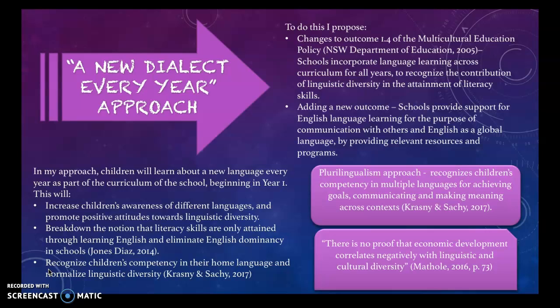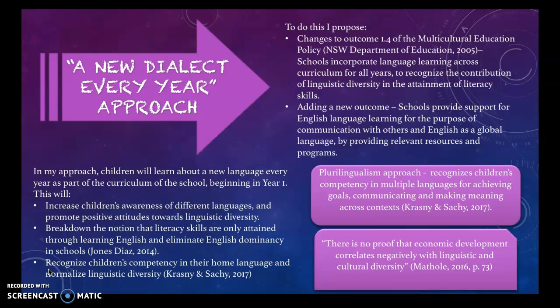So children will learn the languages of their classmates, for example. I focus on a more plurilingualism approach, which recognizes children's competency in multiple languages for achieving goals, communicating, and making meaning across texts. I've listed some of the benefits of my approach here, including increasing children's awareness of different languages and recognizing children's expertise in their home language.